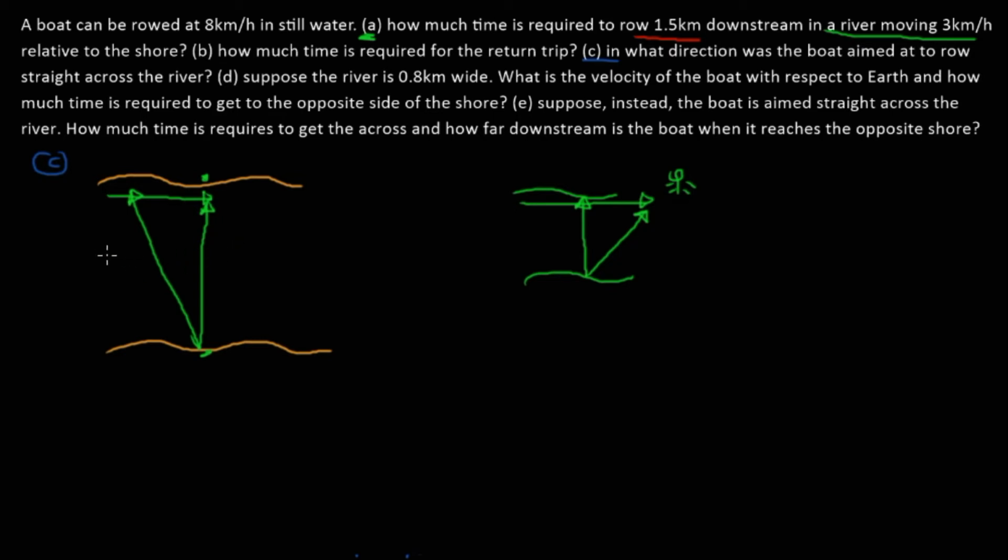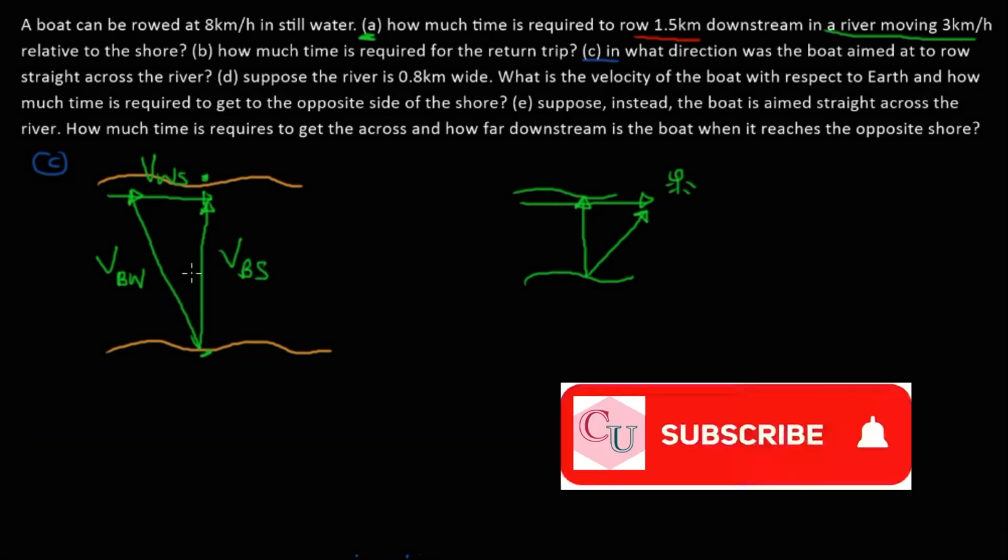So this will be the velocity of the water relative to the shore, of course, and then this is the velocity of the boat relative to the water. What I will have eventually across the river is the velocity of the boat relative to the shore.